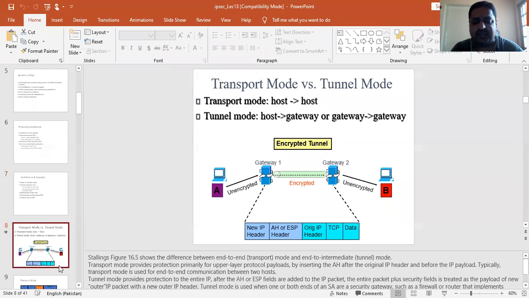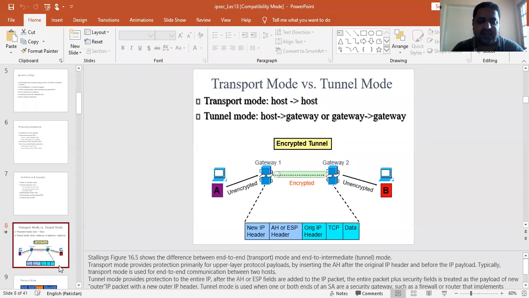There's another mode that is used to send the data from host to the device. For example, when we are sending the data from host to the device, or device to host, we are using different modes: transport mode to send the data from host to host, and tunnel mode to send the data from host to the device, or the device to the host.